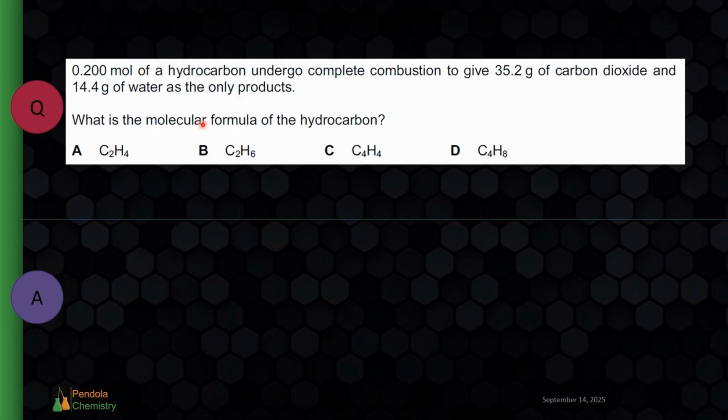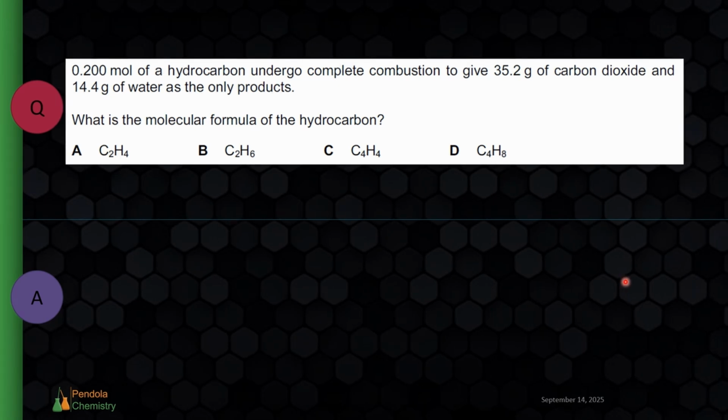So, again, there are a few ways of doing this. We can use those ratios, or those answers that we see here, because it's a paper one question. But we'll do this the long way, and then we'll look at doing it the short way. But let's look at this question.